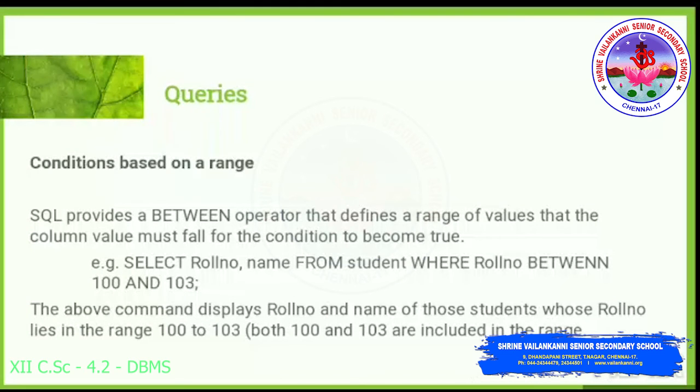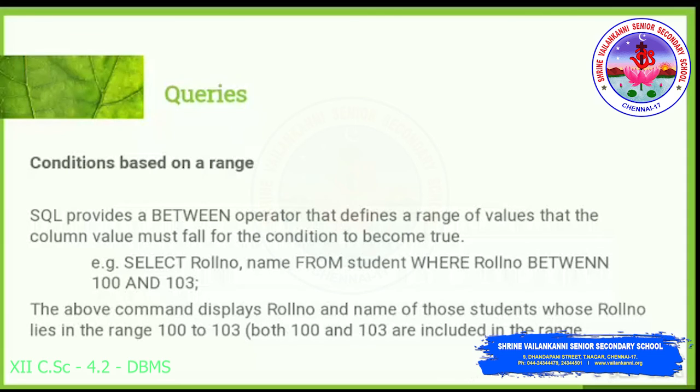Conditions based on a range. To specify a range, from a lower bound to an upper bound, we use the between and and keywords. SQL provides a between operator that defines the range of values within which the column value must fall for the condition to become true. Select roll number, name from student where roll number between 100 and 103.